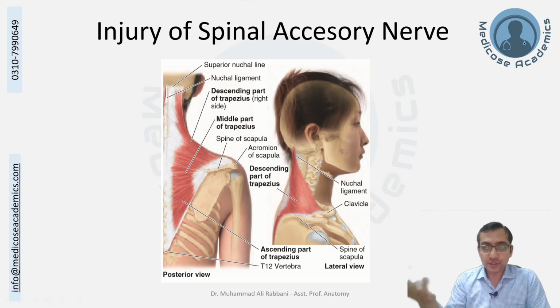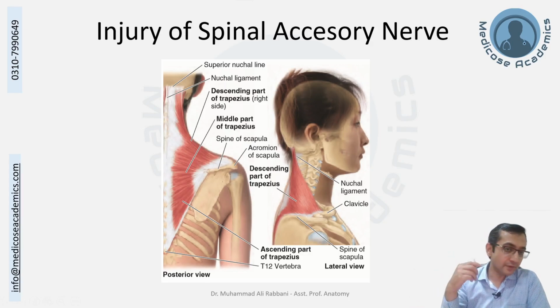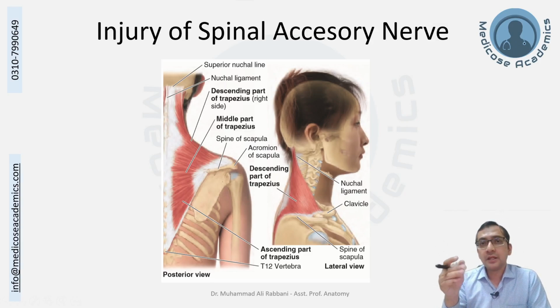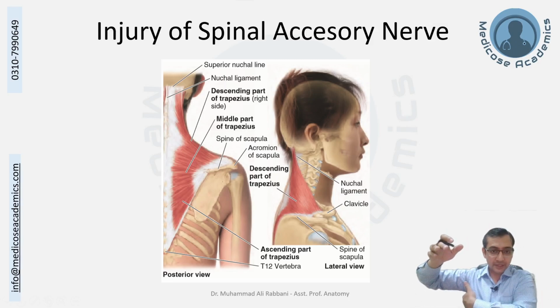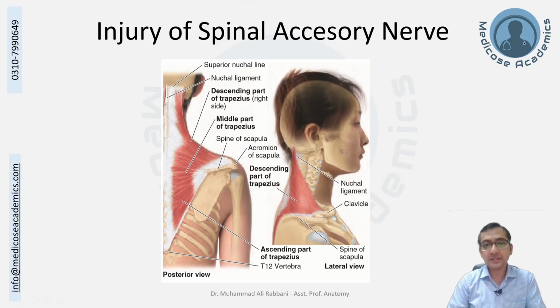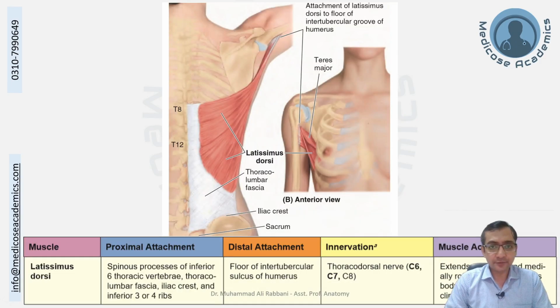Again, with the site of injury, if there is an inability to overhead abduct after a surgery of the neck, then we are talking about the injury of accessory nerve and posterior triangle. If there is inability to overhead abduct after radical mastectomy where the breast tail was removed here, then there is an injury of long thoracic nerve. So that is how you can differentiate between the injury of long thoracic and accessory nerve.